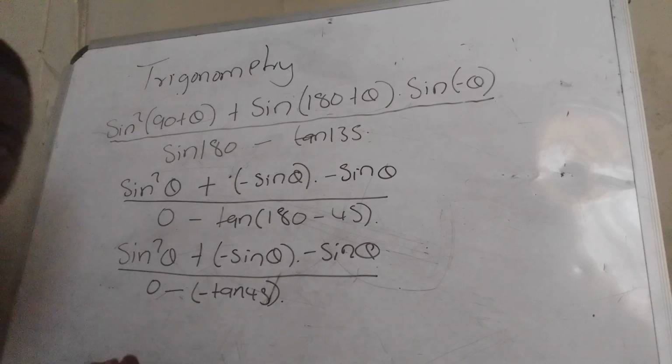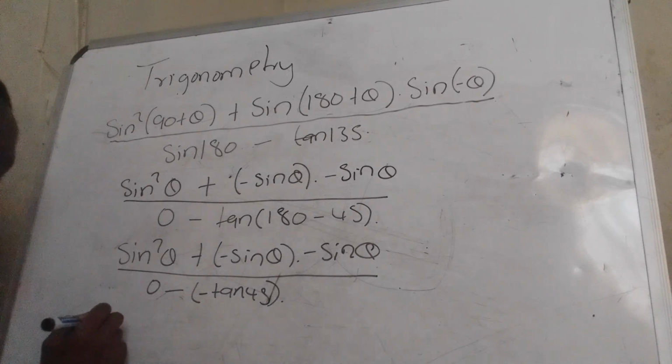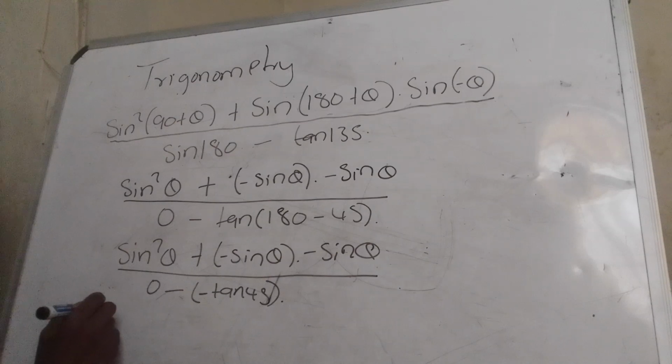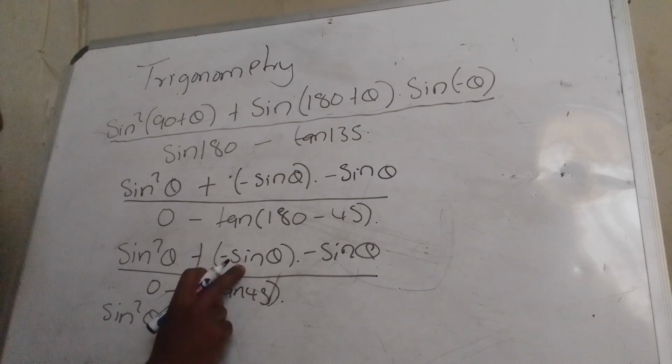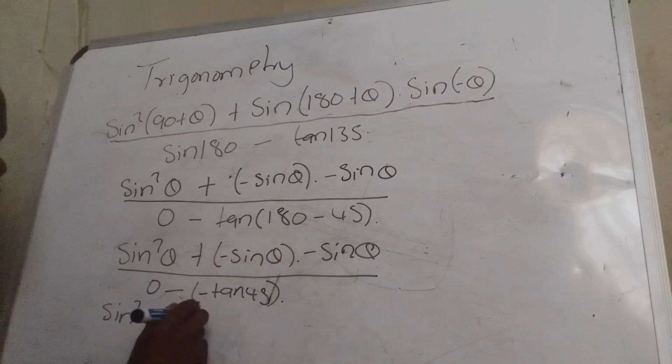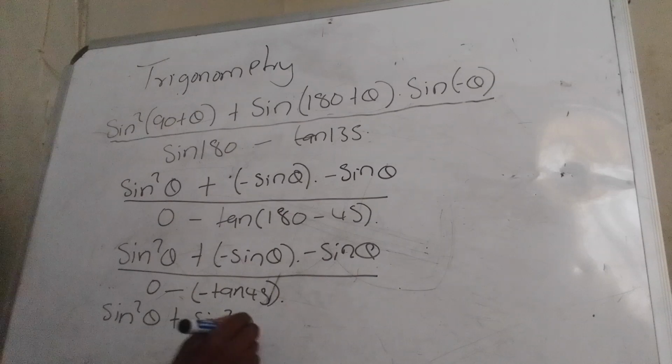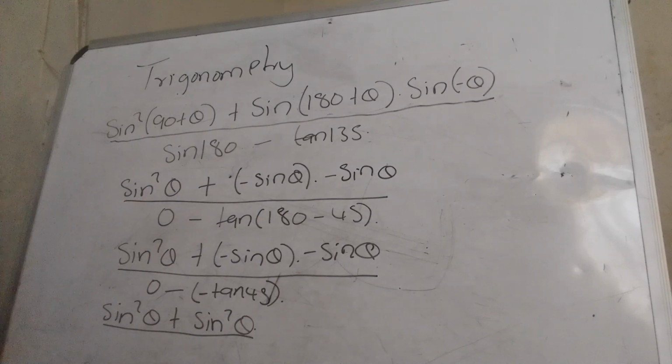We're going to have sine squared theta plus negative sine theta times negative sine theta, which gives us sine squared theta, all over... Please forgive me, I made a mistake somewhere.